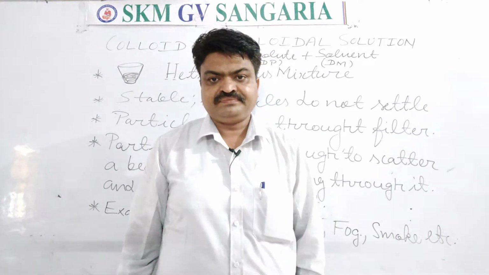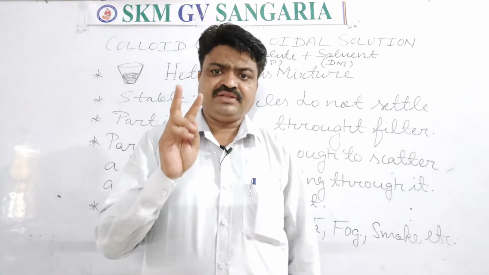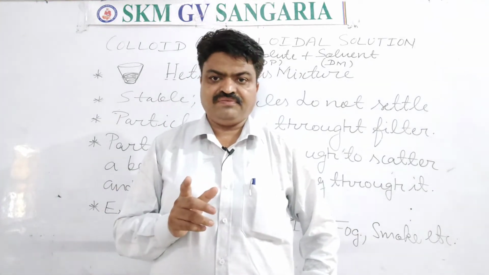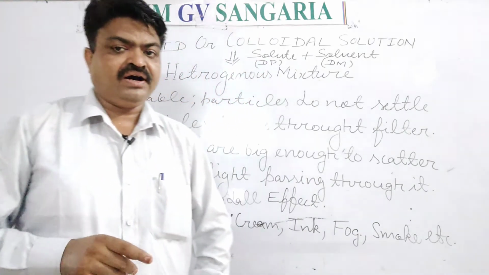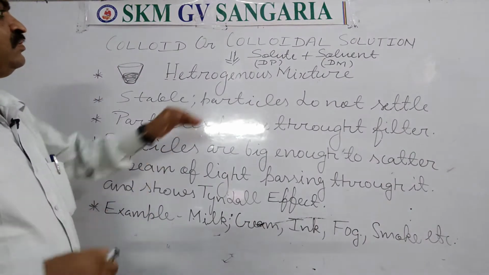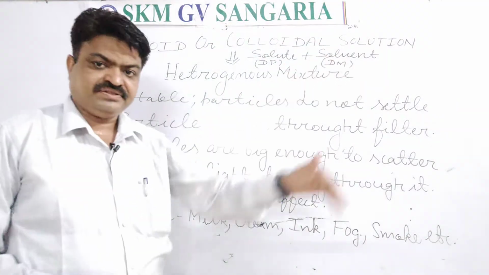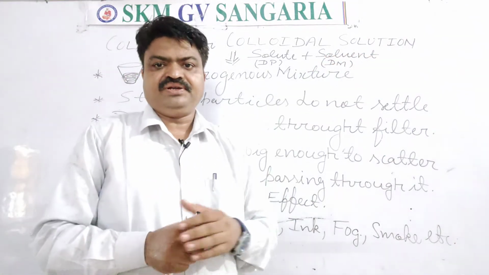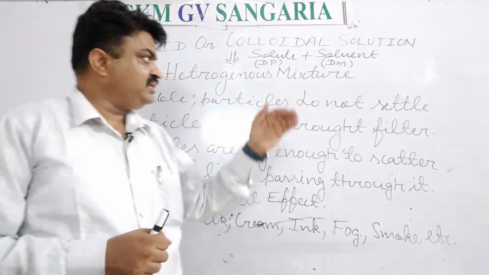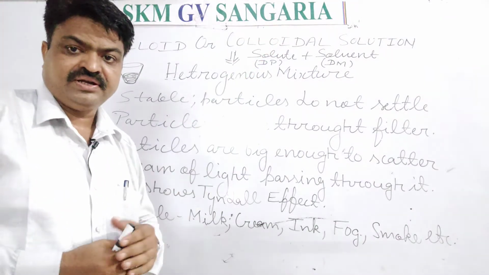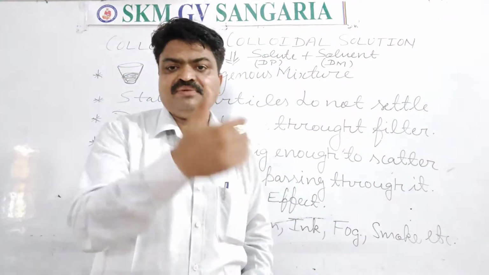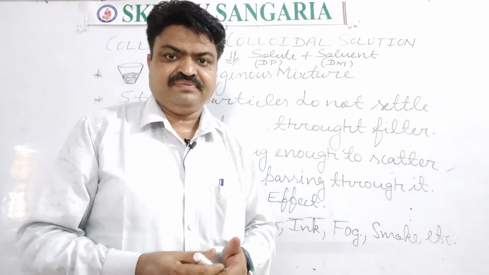John Tyndall. Now in this also, student, two substances are found, solute and solvent. Solute is found as the dispersed phase and solvent is found as the dispersed medium. This means the solute particles are dispersed in a particular medium, and that medium is known as the dispersed medium.